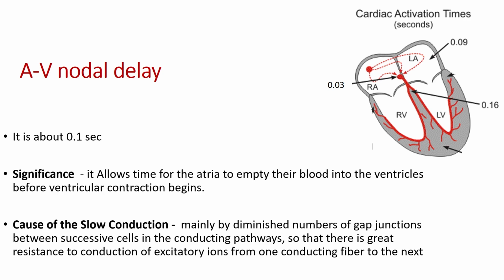So this is the cause of slow conduction. What is the cause of slow conduction? It is mainly the diminished number of gap junctions between the successive cells in the conducting pathways.